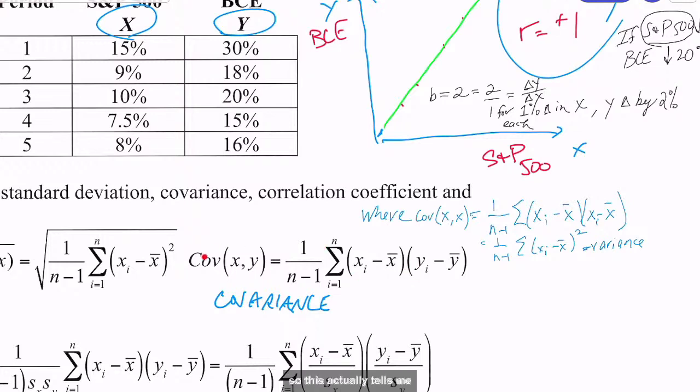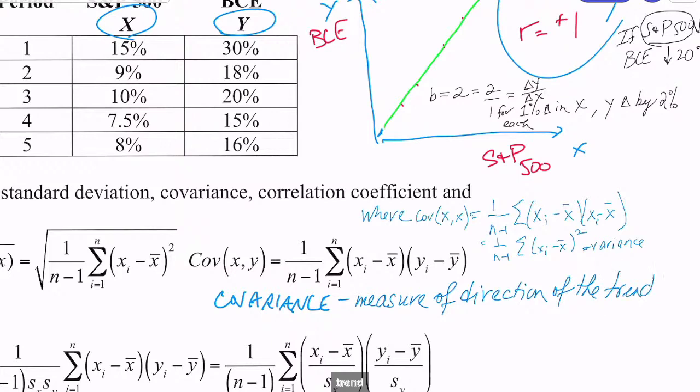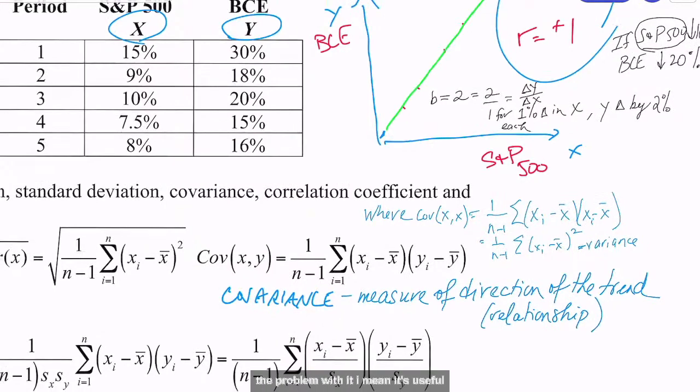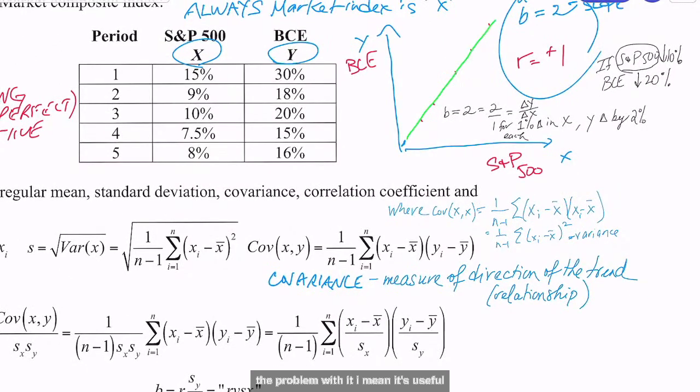So this actually tells me the direction of the relationship or the trend between x and y. The problem with it, I mean, it's useful in getting us where we want to get.